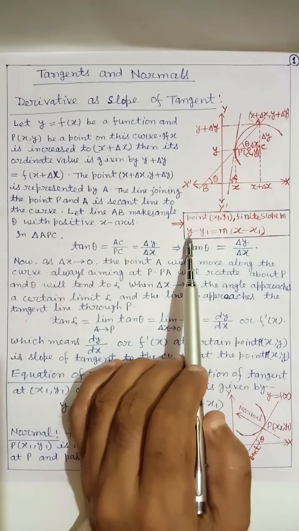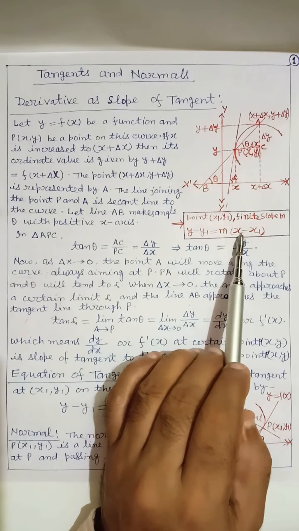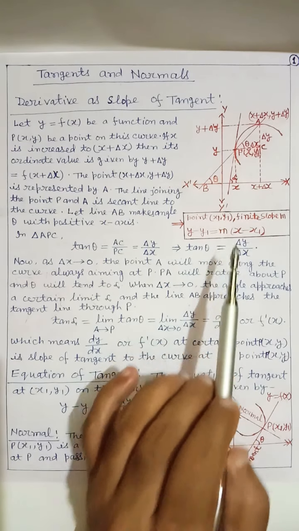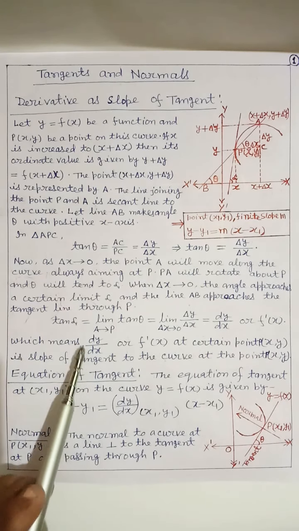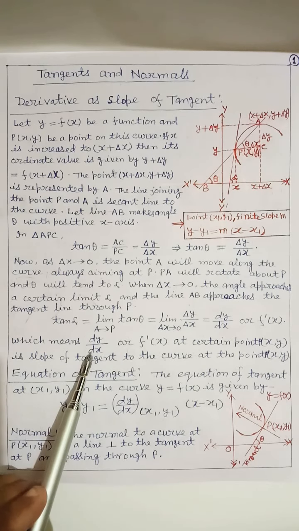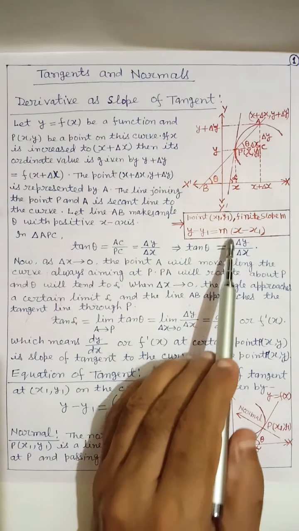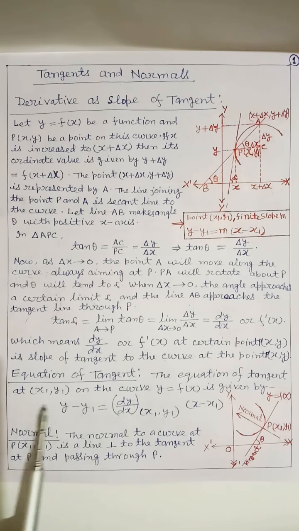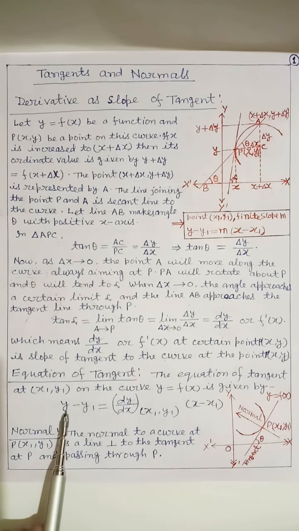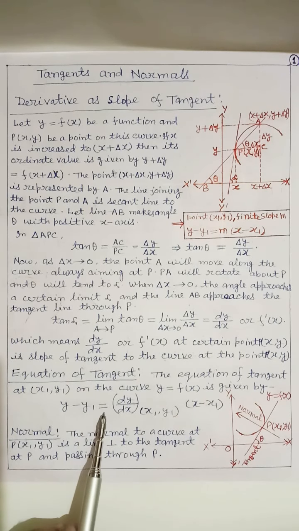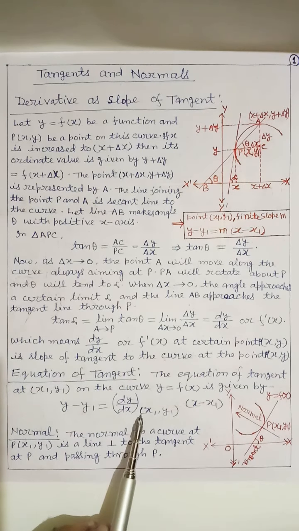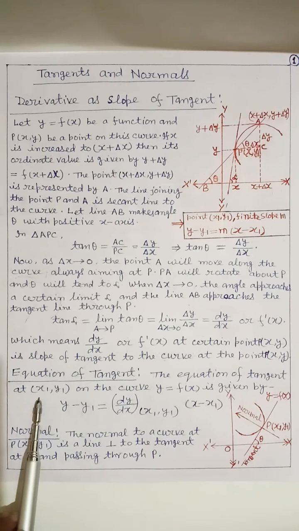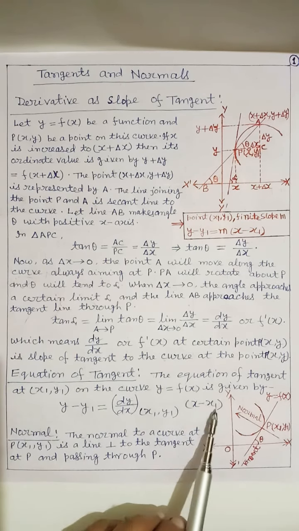Here m is the slope of tangent, and the slope of tangent is dy by dx. So using this result, the equation of tangent is y minus y1 equal to dy by dx at the given point (x1, y1) into (x minus x1).